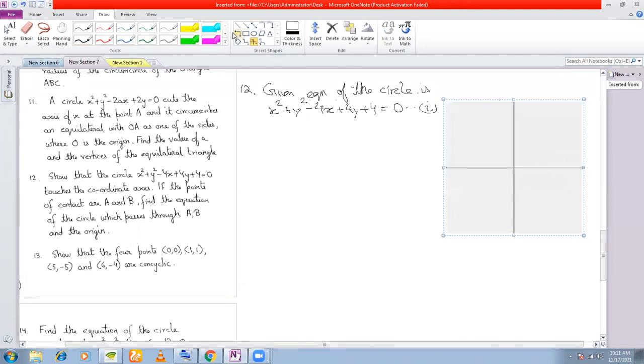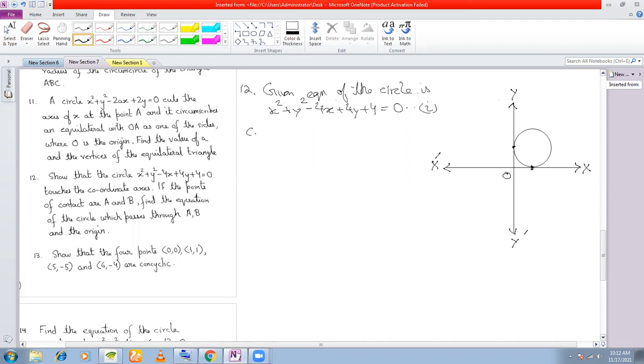Now, what happens? What do you need to show if a circle touches the coordinate axis? How can I say if it touches the x-axis and the y-axis at these 2 points? How do we show? Find out the center of the circle and the radius of the circle first of all.